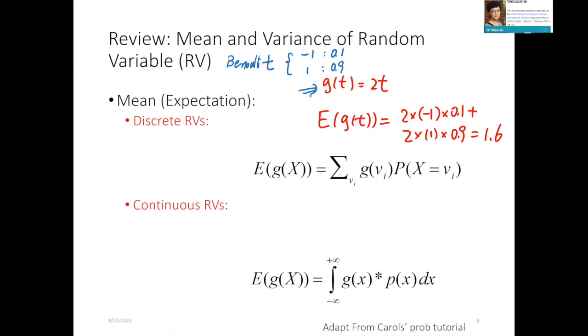You just replace the previous page's v part with g(v), again times the probability portion of x equal to v_i. So I do 2t times 0.1, the probability of t equal to -1, and then plus 2 times 1 times 0.9. This is the expectation of 2t.